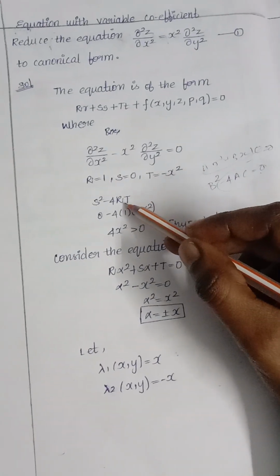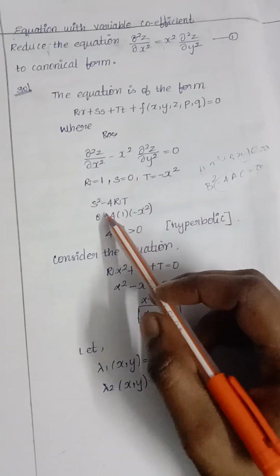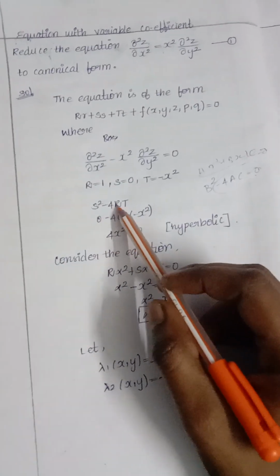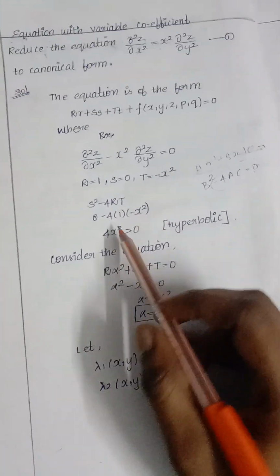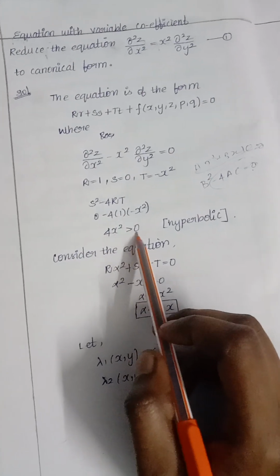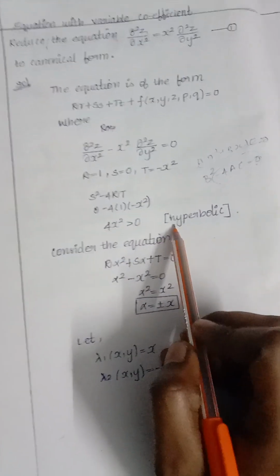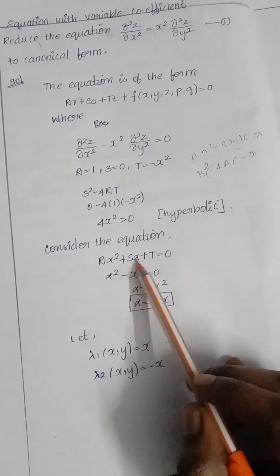Likewise, we get S² - 4RT. S is 0, R is 1, and T is -x². So we get the final term 4x², which is greater than 0, so it is hyperbolic.